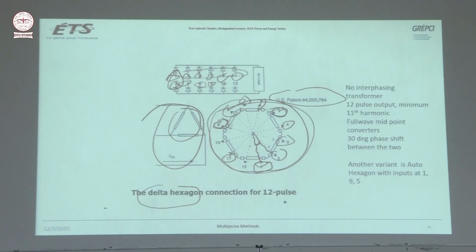What will happen? 1, 30, 30, 30, 30. 120 degree, right? So you can have input here, here, and here, and everywhere else you can have the output. So see, this is the auto transformer. That is also very popular, that type of.